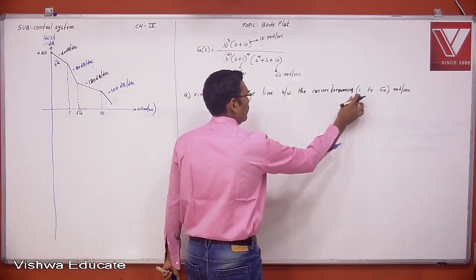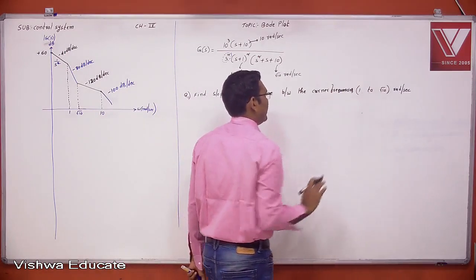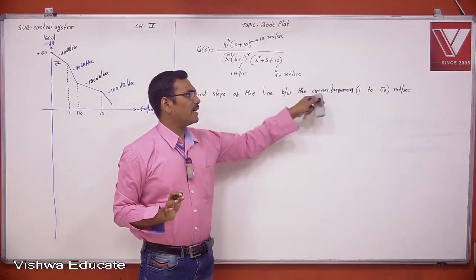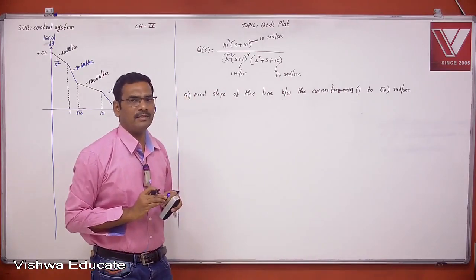Now, this is 1 to root 10 radians per second. Now I am asking one question: find the slope of the line between the corner frequencies 1 to root 10 radians per second.